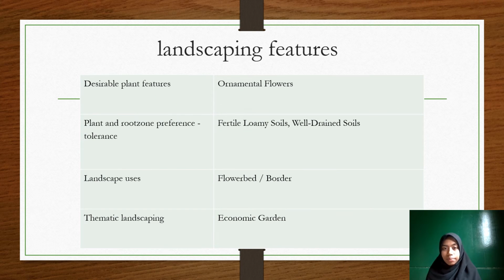And the landscape feature: the desirable plant feature is ornamental flower. Plant and root zone preference tolerance is fertile loamy soil, well-drained soil. And landscape uses is flower bed or border. And the thematic landscaping is economic garden.